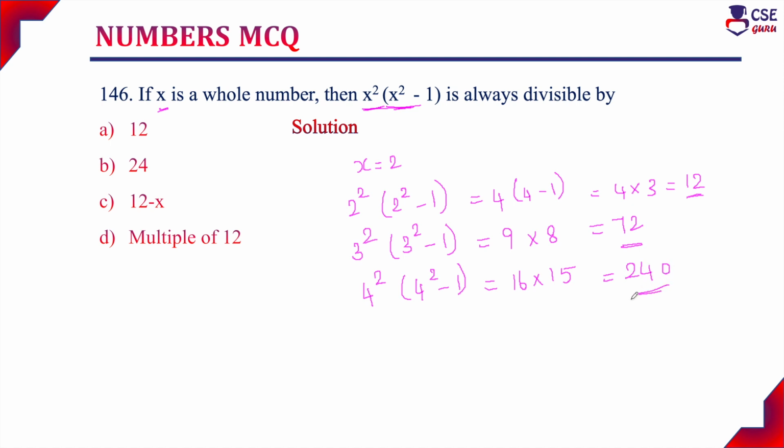This is also divisible by 12. If you take x value 5, 6, 7 likewise, the product is also divisible by 12. So when x is a whole number, x square into x square minus 1 is always divisible by 12. Correct option is option A, 12.